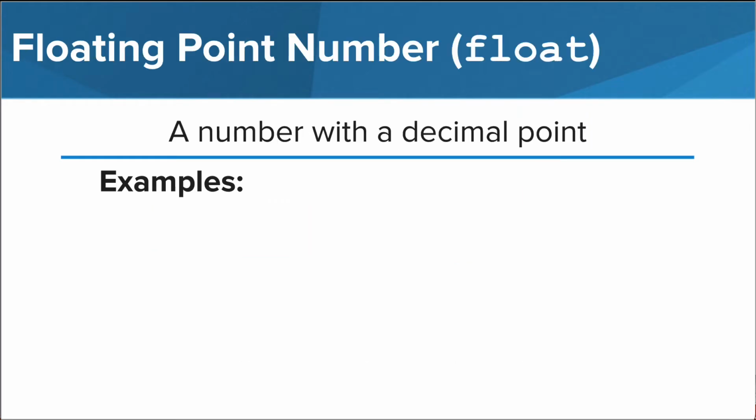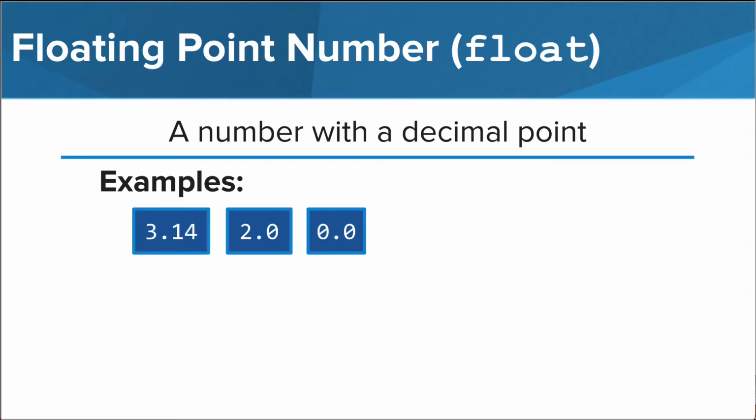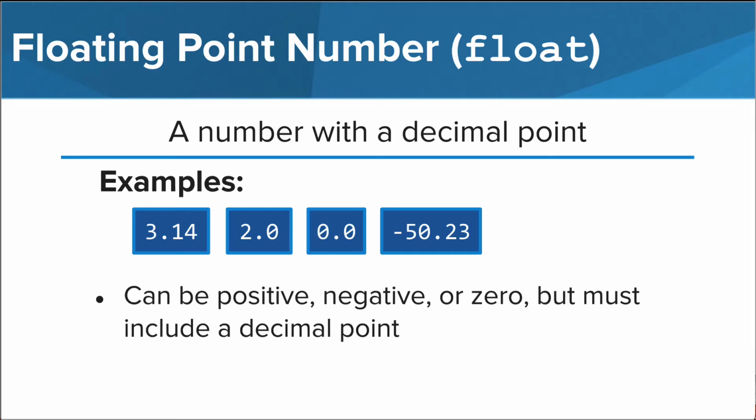A floating point number, or a float, is a number that does include a decimal point in its value. Some examples we can think of are 3.14, 2.0, 0.0, and -50.23. Our floats can be positive, negative, or 0, just like our integers, but they must include a decimal point.